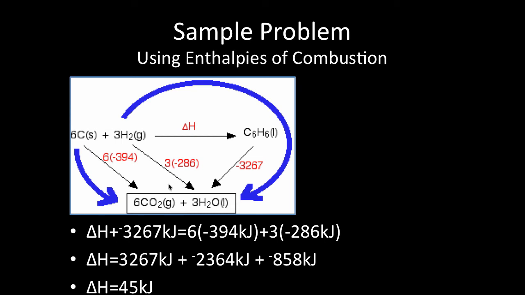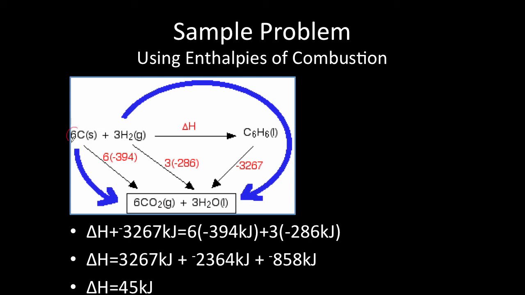All right, so here's a second cycle, and once again you can see the two pathways that have been drawn around the energy cycle diagram in this way, and again we've boxed the place that all the arrows are pointing to. So we know that our two pathways are this pathway, the delta H and the negative 3267 pathway, and the second pathway, the 394 and the 286 pathway.